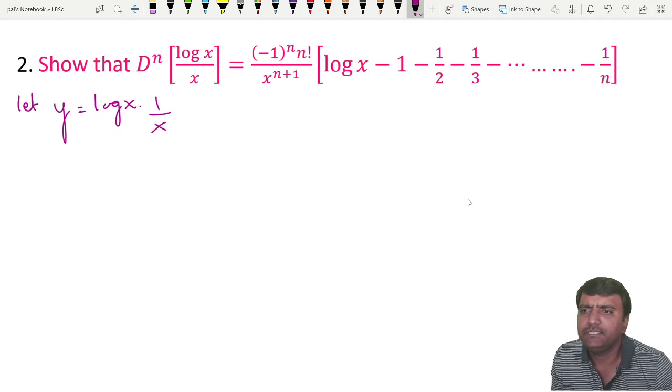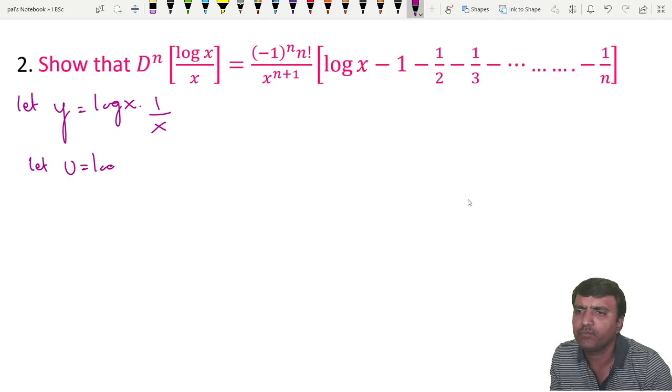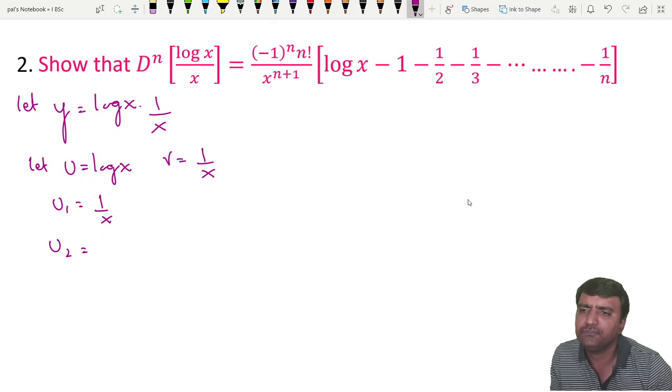Let u is equal to log x, v is equal to 1 by x. Then what is u1? u1 is 1 by x. What is u2? u2 is minus 1 by x square, like that.